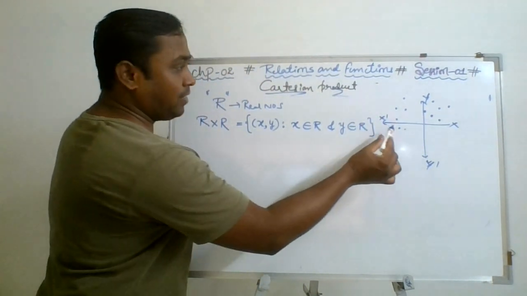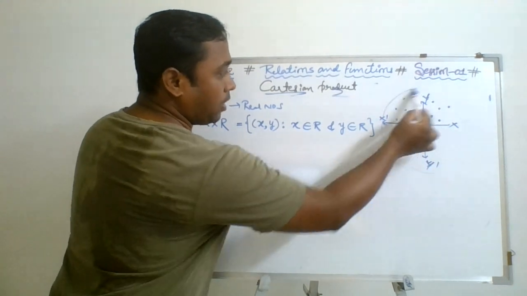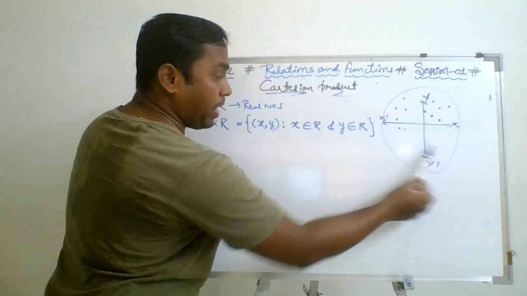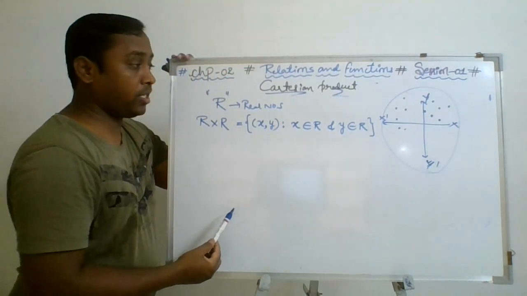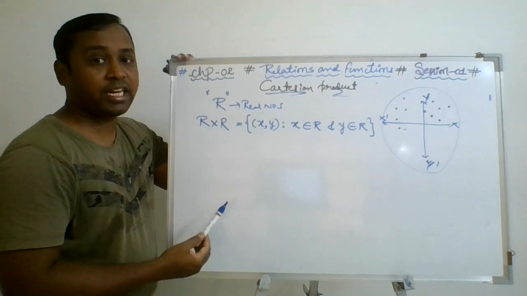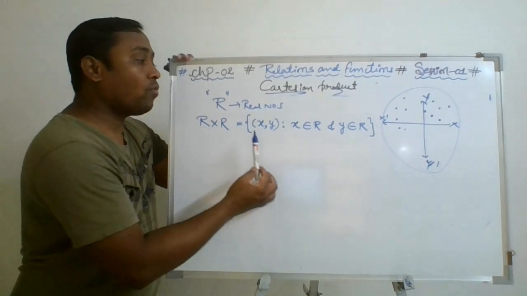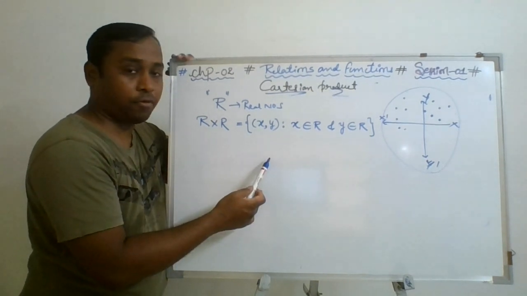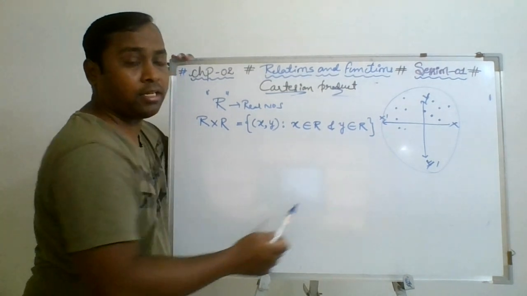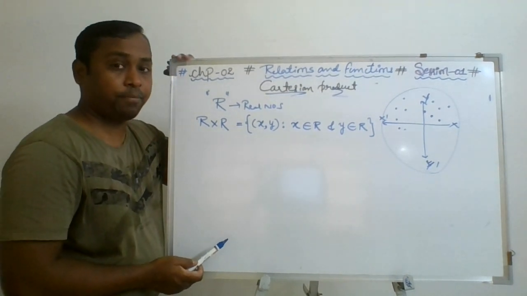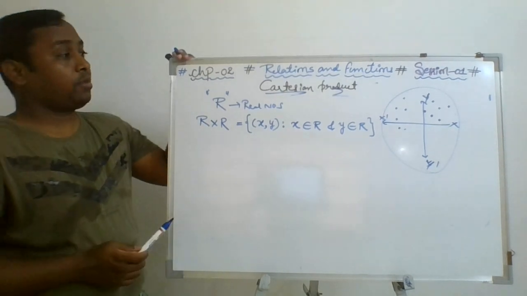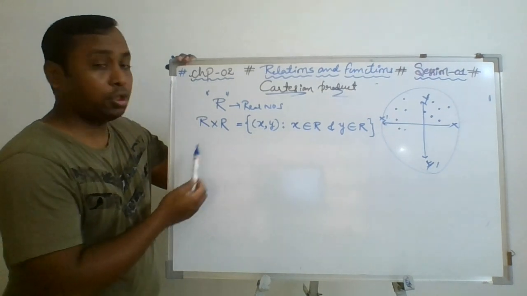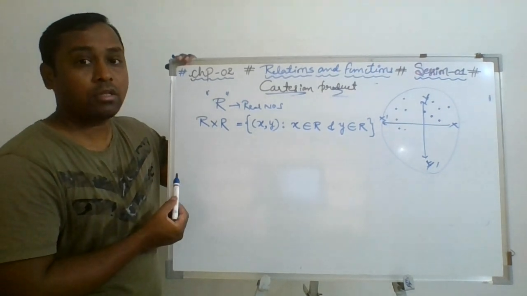So it will give the collection of all ordered pairs, geometrically representing the collection of all points in the xy plane. Whatever you are writing, either in roster form or in set builder form, geometrically represents the collection of what we call points in the xy plane. This is the meaning of the Cartesian product of R cross R.